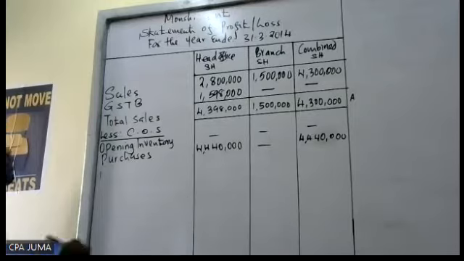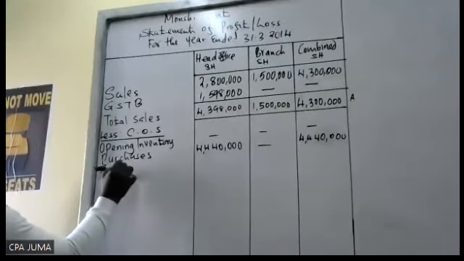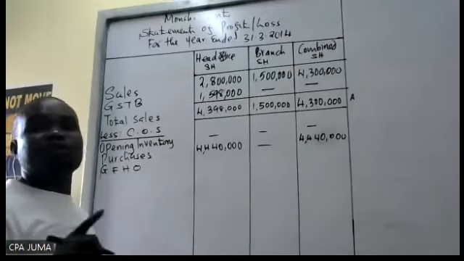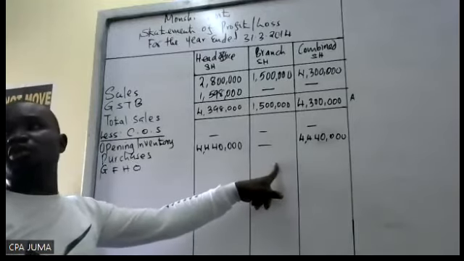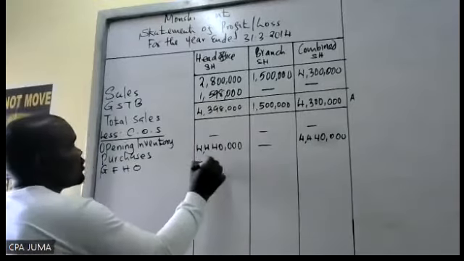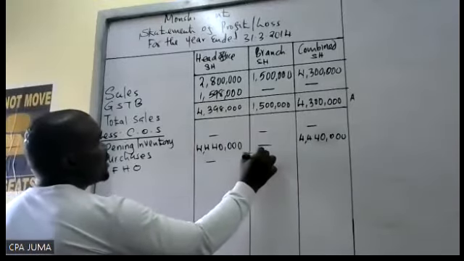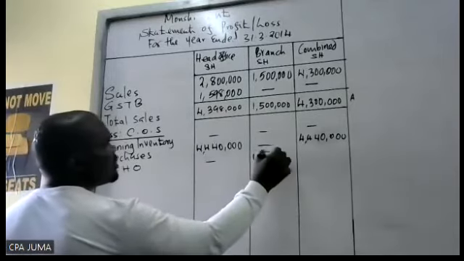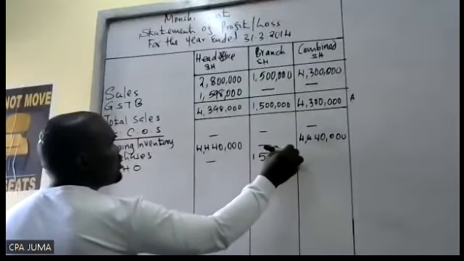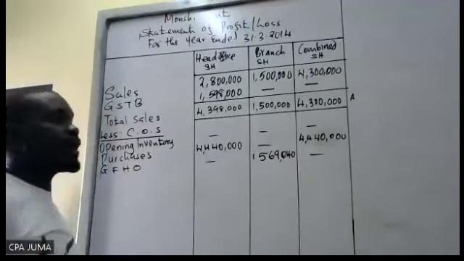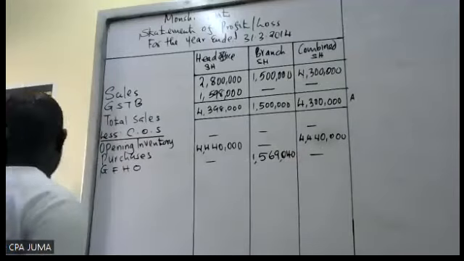Then goods from head office, in quotes, is a purchase to the branch. What the branch is receiving from head office is a purchase to them. They received 15,040. You don't take it to combined. It is an intercompany purchase.